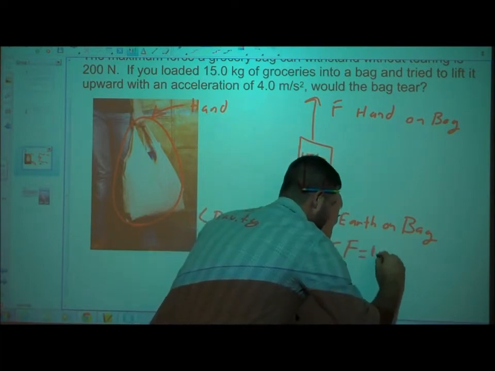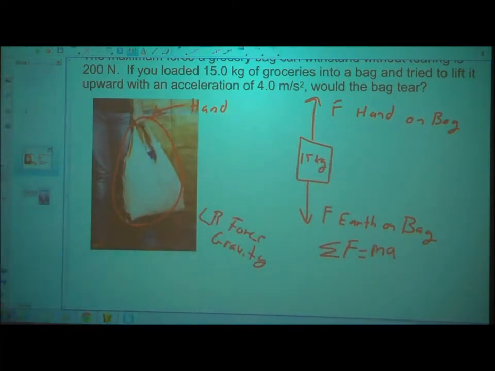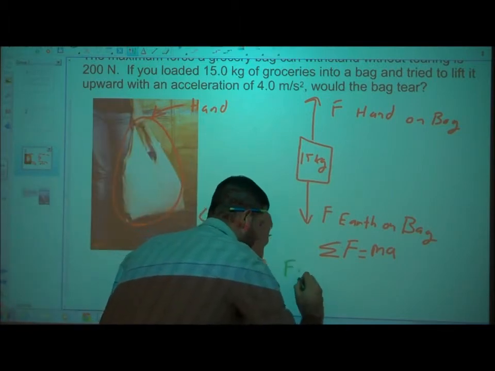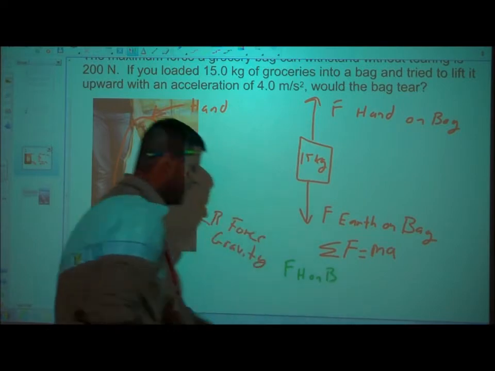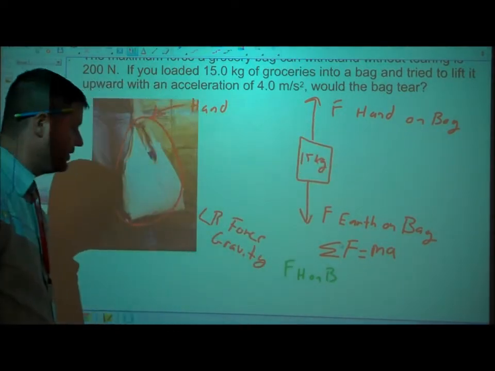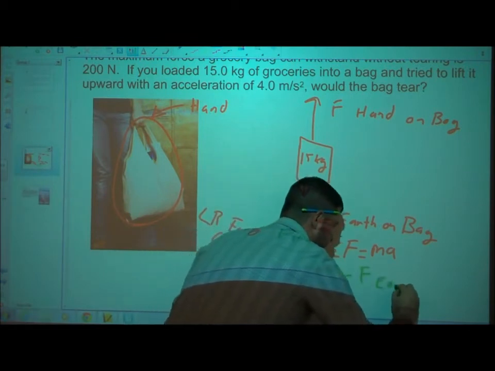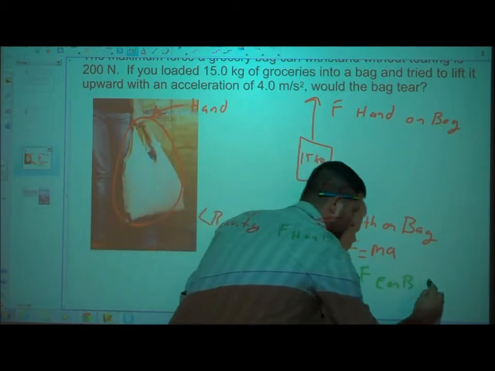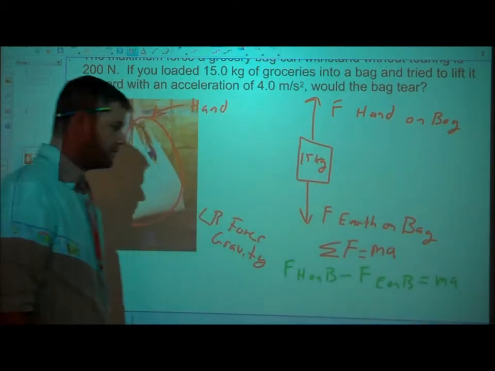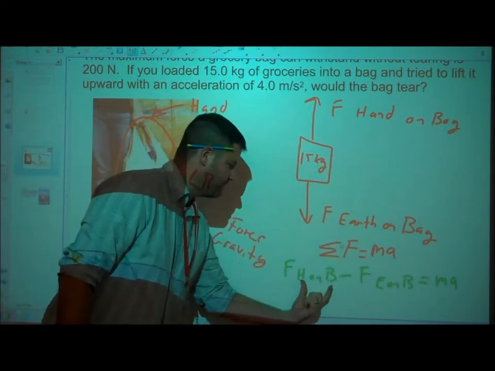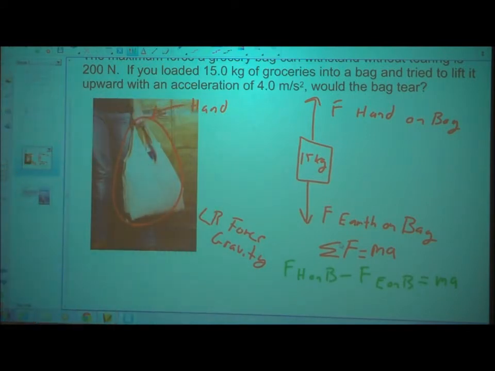In the case of this example, we're going to say that the force of the hand on bag, which I simplified to H on B over there, minus the force of Earth on bag, once again simplified, equals mass times acceleration. So I just put mass times acceleration there, and expanded the net force to mean the force of the hand on bag minus the force of the Earth on bag. That's the equation we're looking at here.